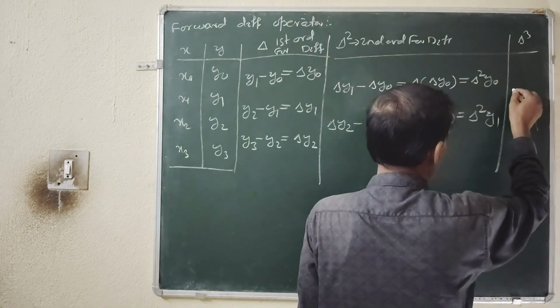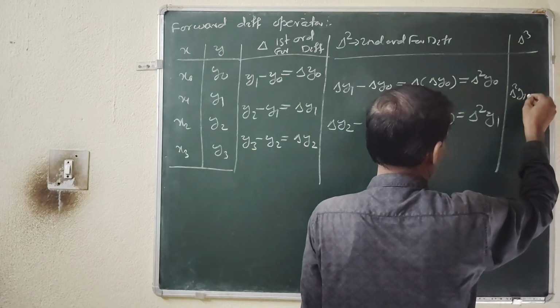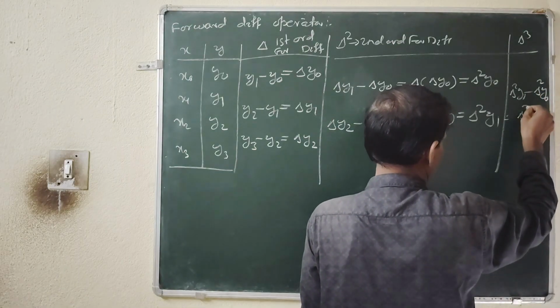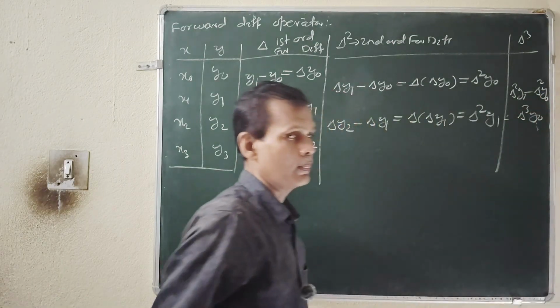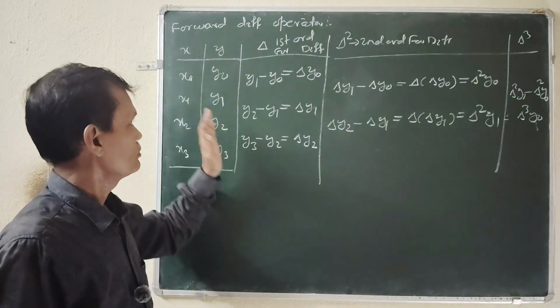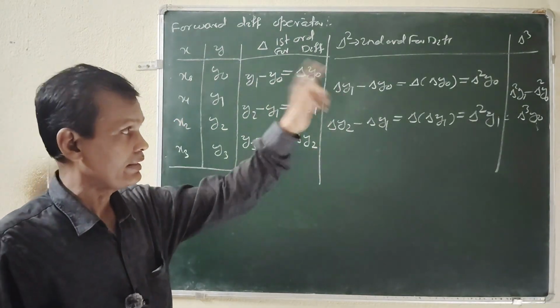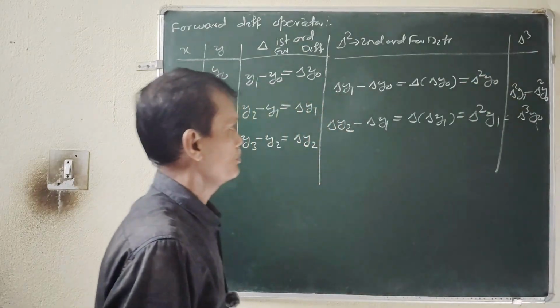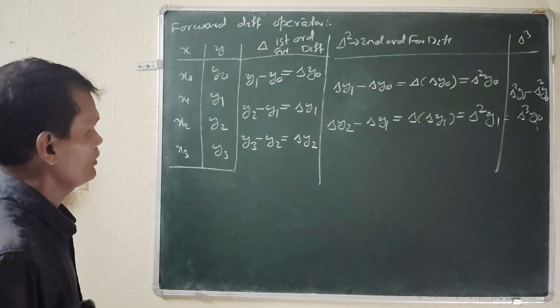What will be delta cube? That is delta square y1 minus delta square y0, that is delta cube y0. By that order, we will proceed till we get only one data. That is the forward difference table.